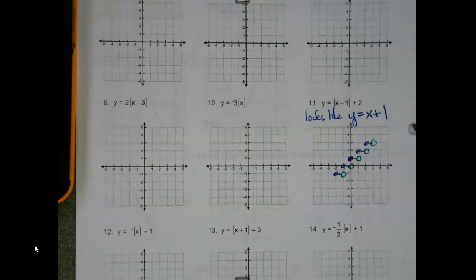So you're like, wait. If there's extra stuff going on here, in my brain I can just combine like terms and treat that like it's y equals x plus 1. Make my filled in dots and connect the bars? Absolutely. 100% is what's going on with that.